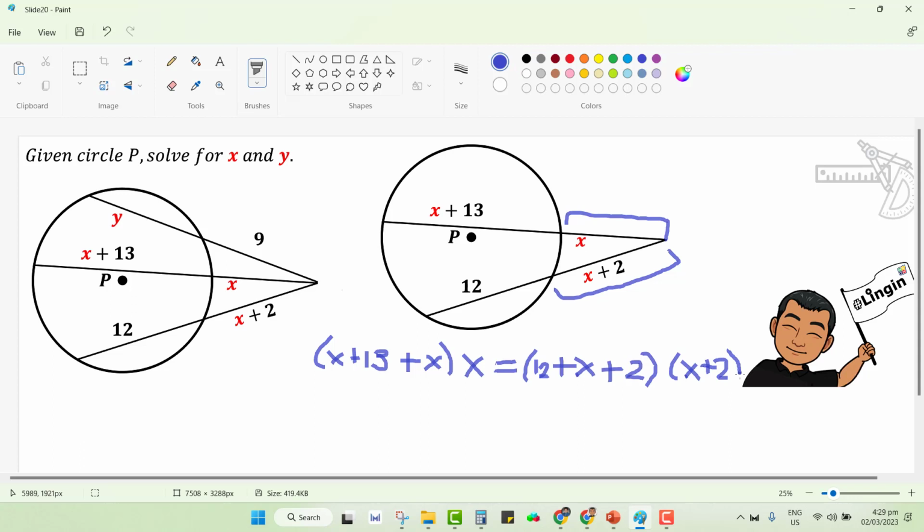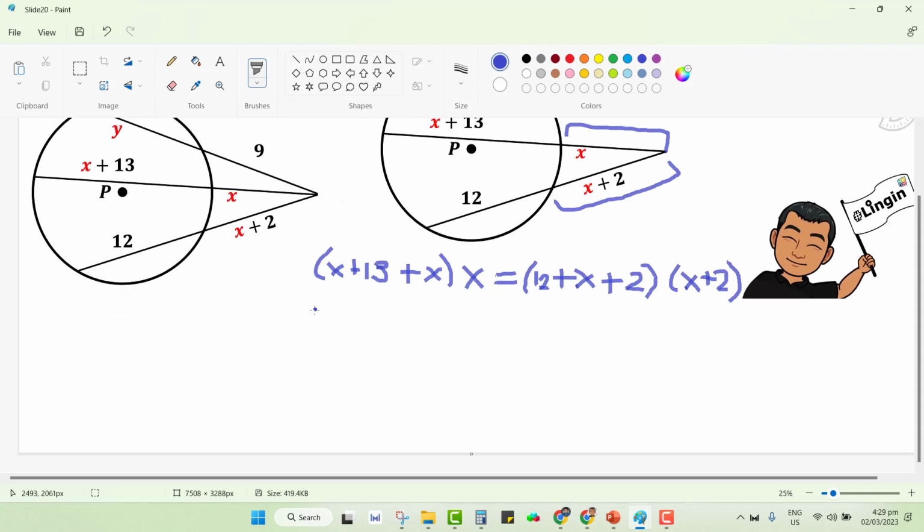So we see multiple algebraic processes involved in solving the value of x. This is actually 2x plus 13, multiplied by x, equal to the combination of 12 plus 2, that's 14, so x plus 14, times x plus 2.